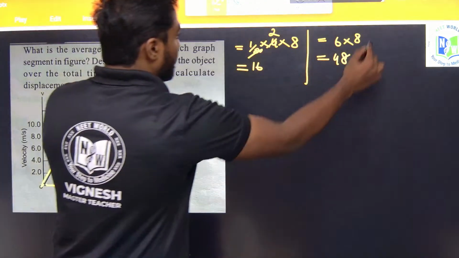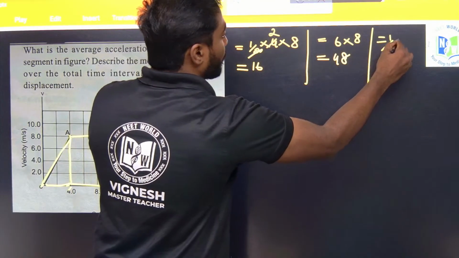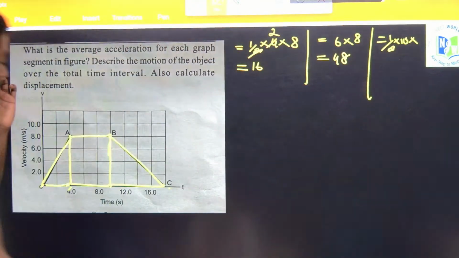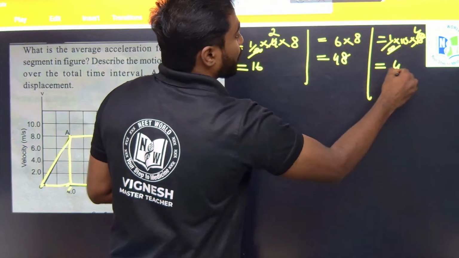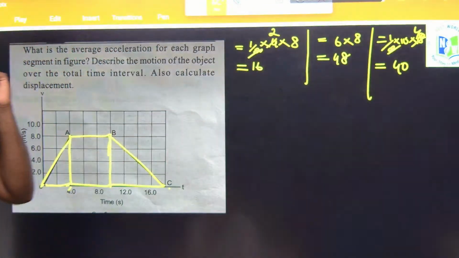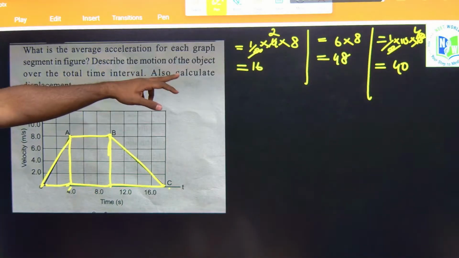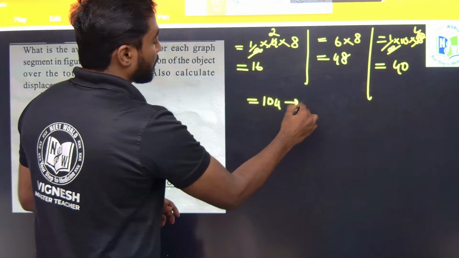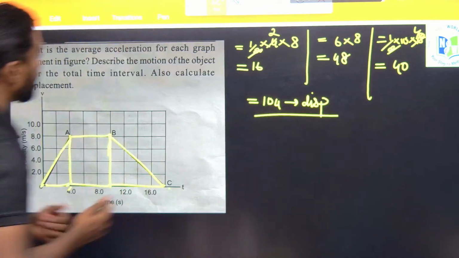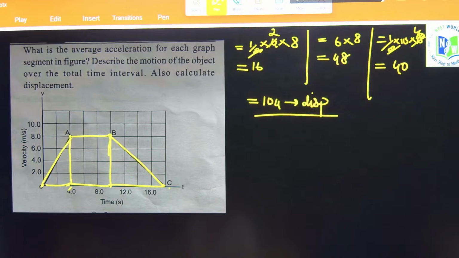So half into 10 into height 8. Okay, so the answer is 40. So 16 plus 48 is 64, and then 40. 104 is the displacement.